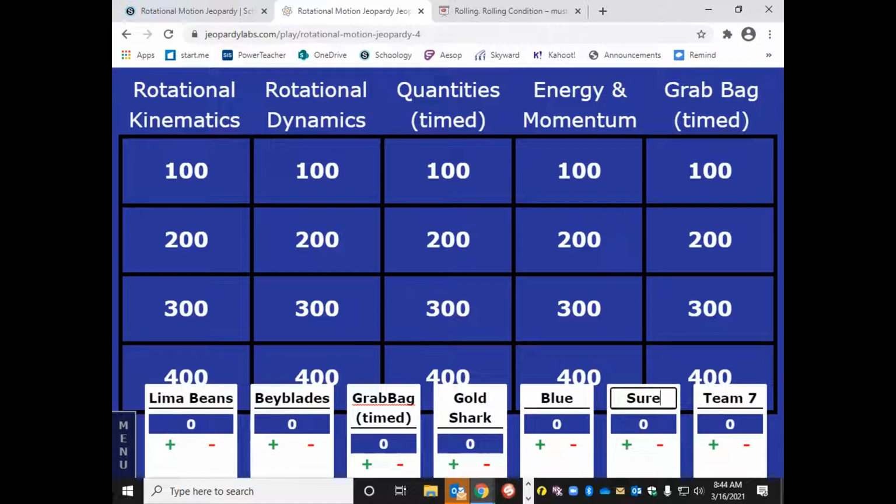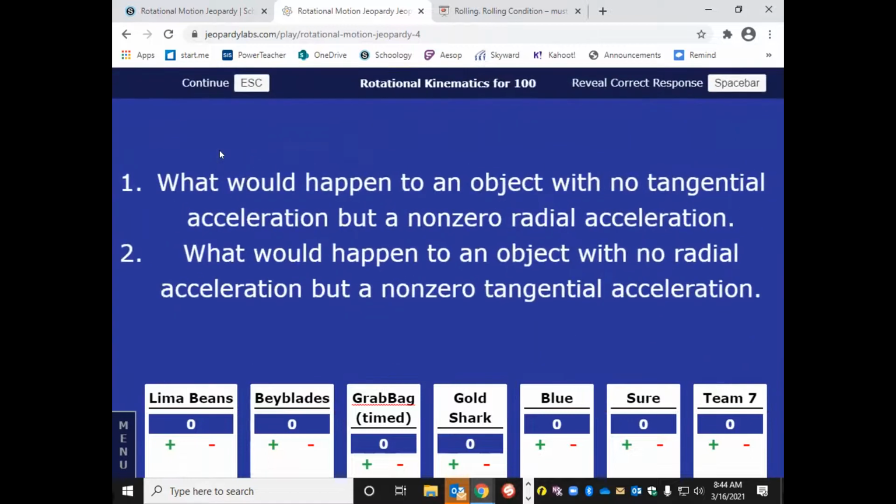For 100. All right, so every team gets to answer this on their board. What would happen, so two questions. What would happen to an object with no tangential acceleration, but a non-zero radial acceleration? Remember, radial means centripetal.